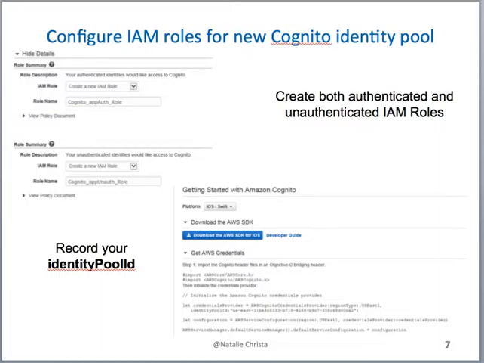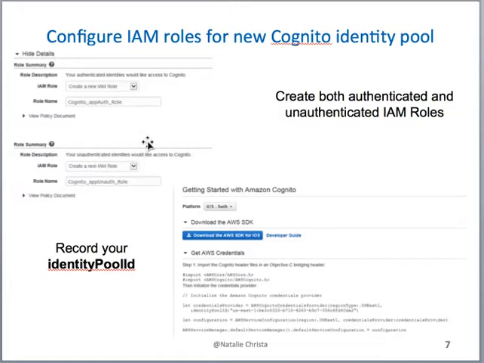The next screen that you will see will be this screen right here, that will allow you to create two roles, an authenticated identity in addition to the unauthenticated identity. So we're going to go ahead and create these two roles, which will show up in our IAM service console.